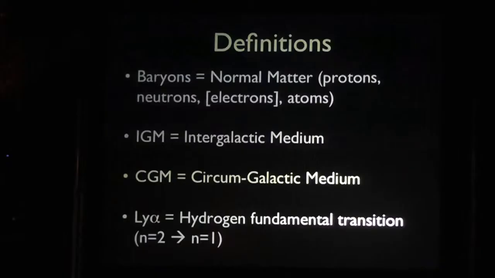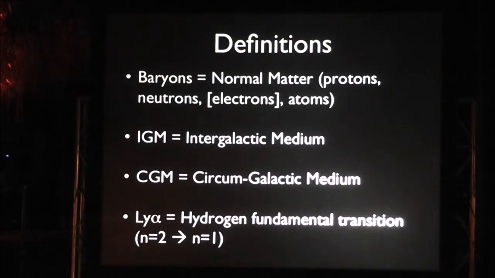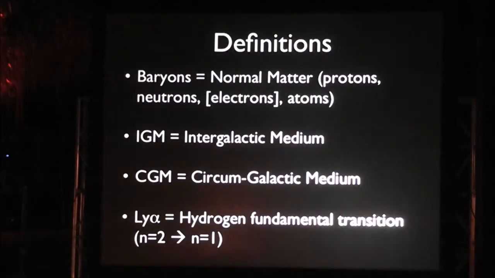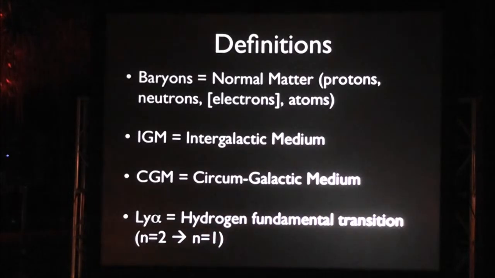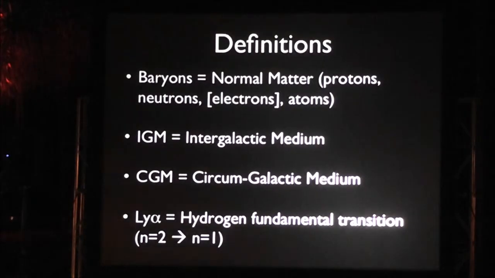So before I get to that, I want to make sure that my talk is clear. So I want to define a few terms which make it a little bit easier. We talk about normal matter, distinguish it from dark matter, and we usually call it, as astronomers, baryons, to make it a little bit shorter than normal matter, but it's basically normal atoms.